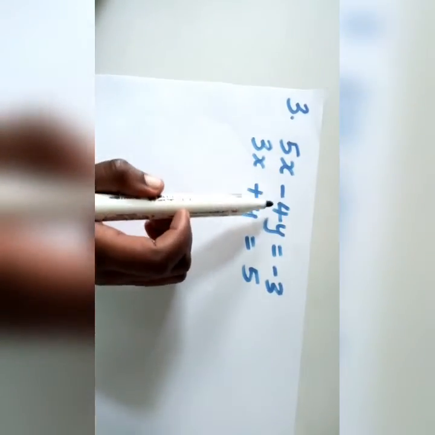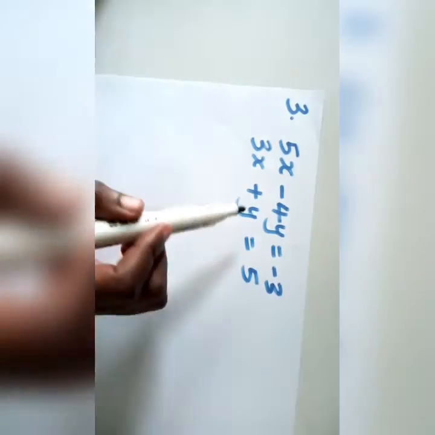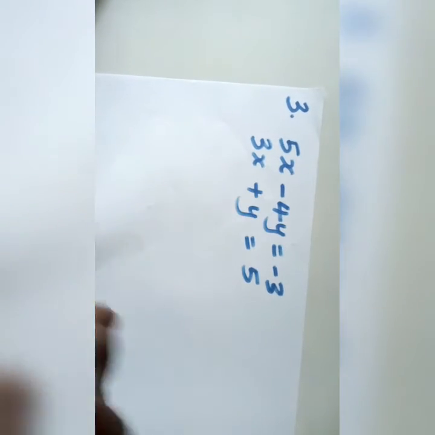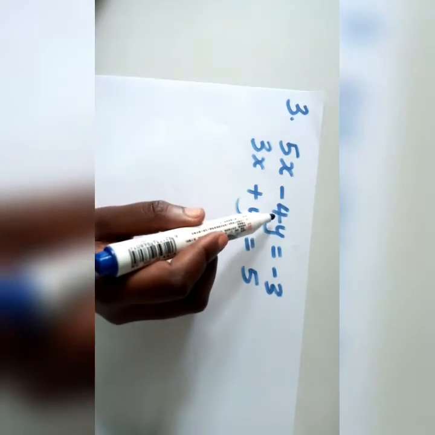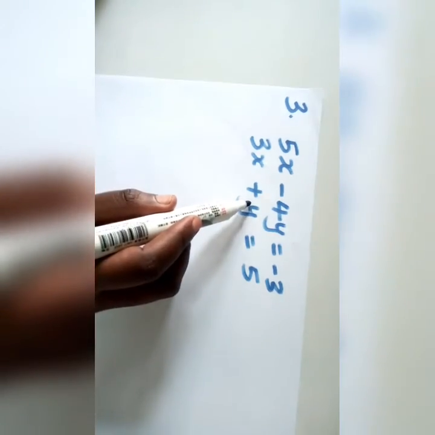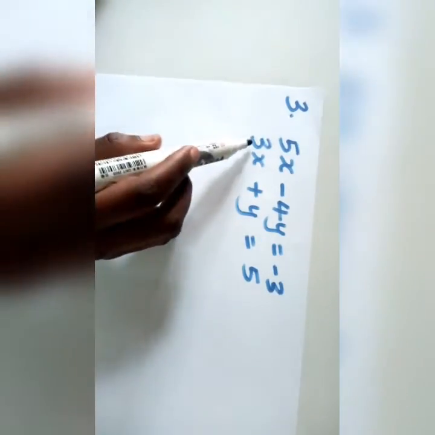Okay, now for our final example, we have 5x minus 4y equals minus 3, 3x plus y equals 5. So you can notice that none of these equations have the same coefficient. Over here the coefficient is 4, and the coefficient here is 1, and the coefficients of x are 5 and 3.